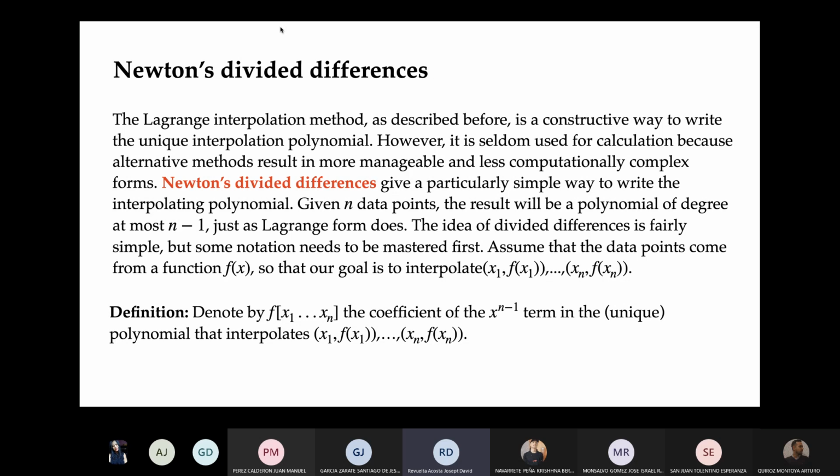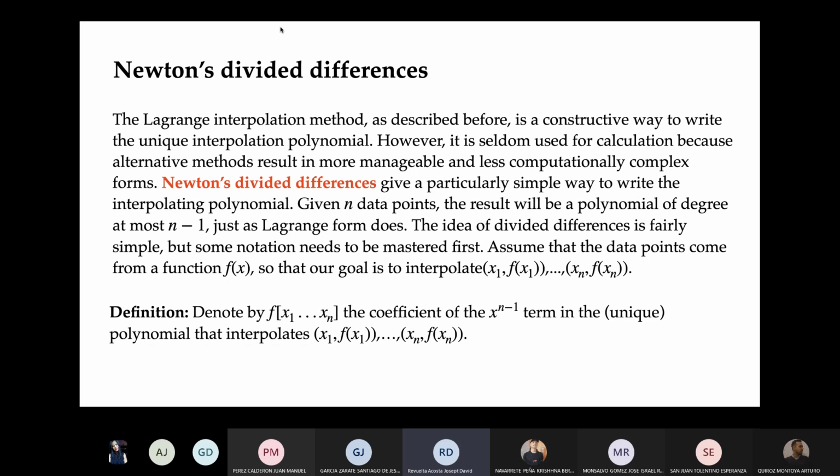Also, when you add more points, it's complex because you have to repeat everything again, and you cannot add a pair of numbers or points very easily, okay? So it's a very constructive way to write the unique interpolation polynomial, but it's not the best one.